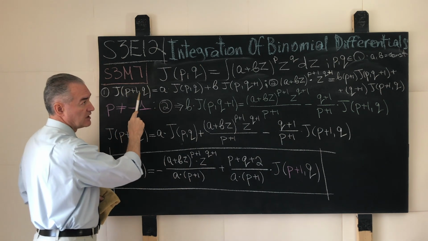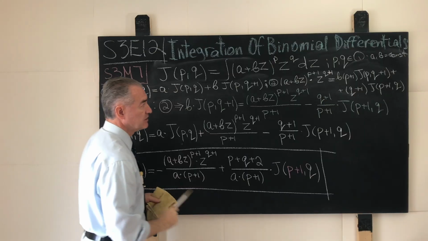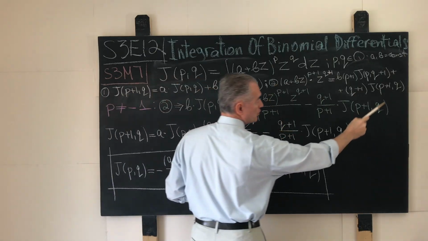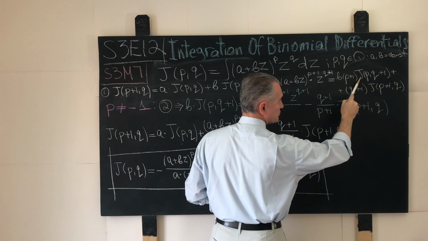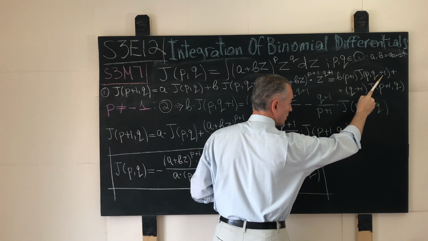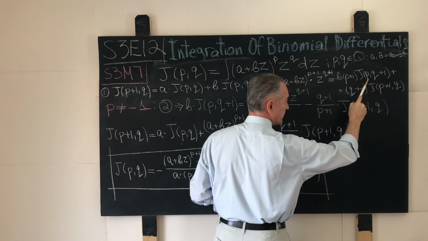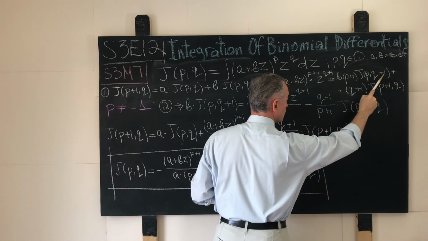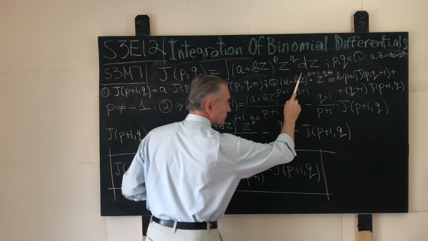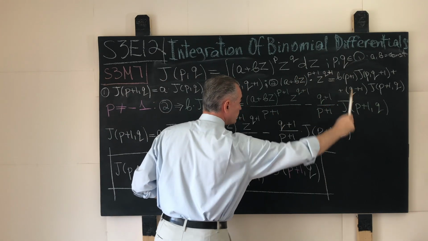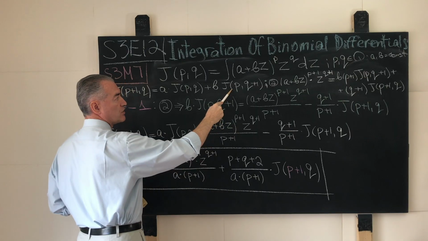And what does that mean? That means that in the second expression, we want to express this integral J of p, q plus 1. See, important here, we pay attention, J p q plus 1 in terms of the rest of the material, and put it into the equation number 1.